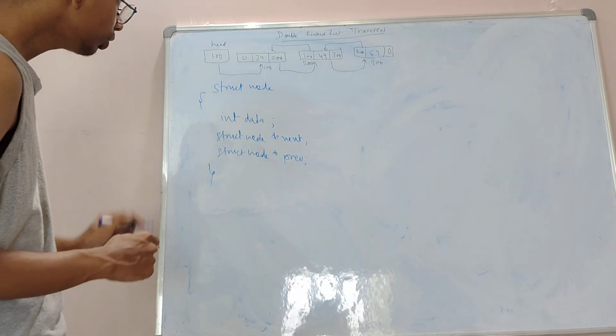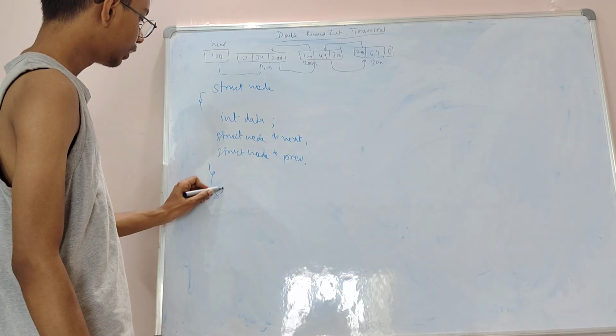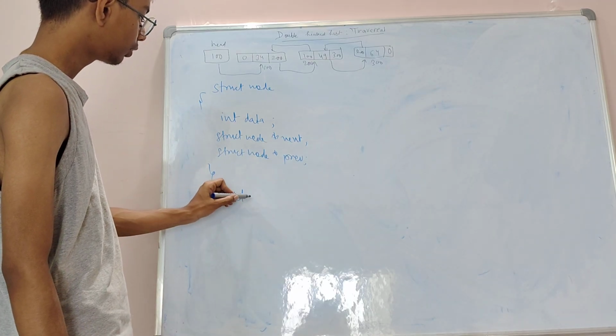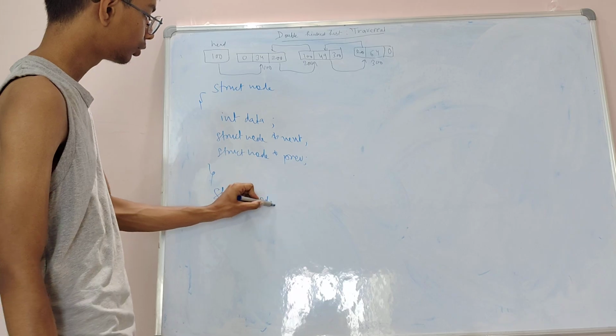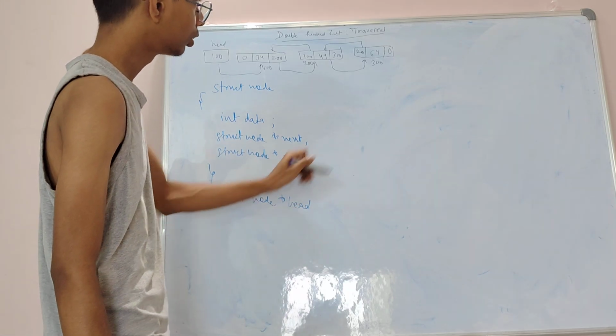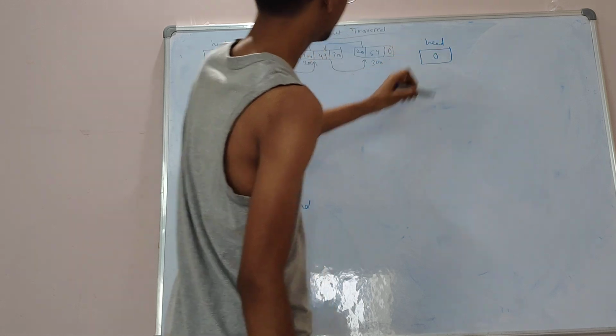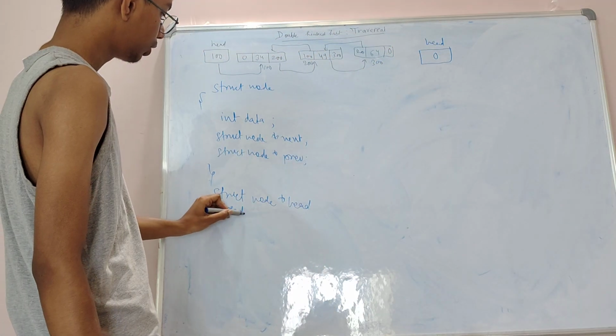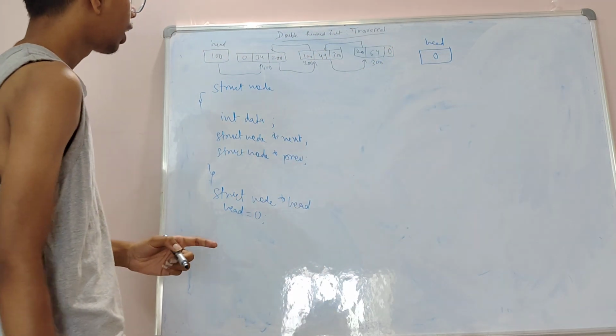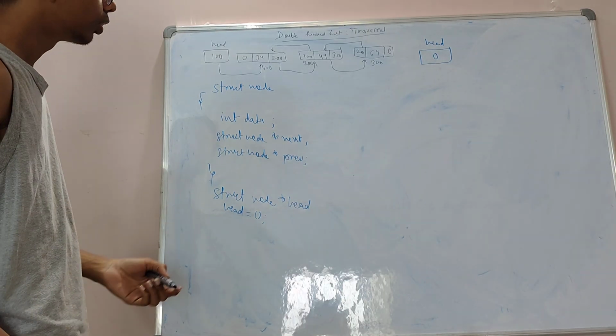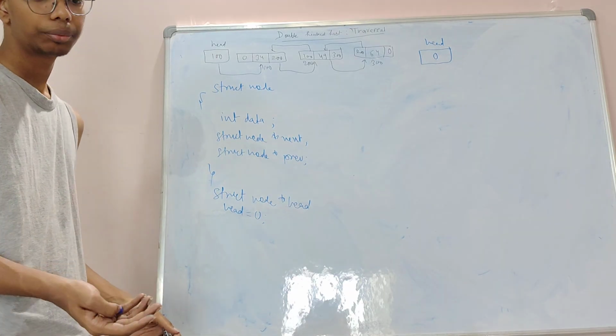Right. Now I am declaring a pointer struct node head. Suppose this is my head, and initially I have 0 inside it, so head is equal to 0 first. Now I want to create a node, so I will create nodes in a loop.